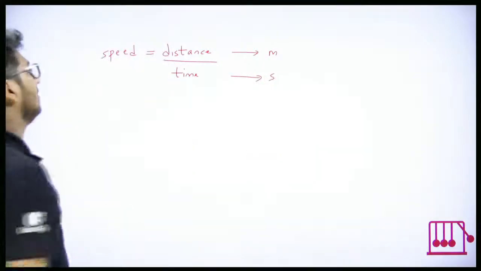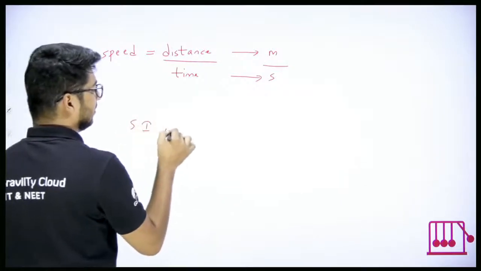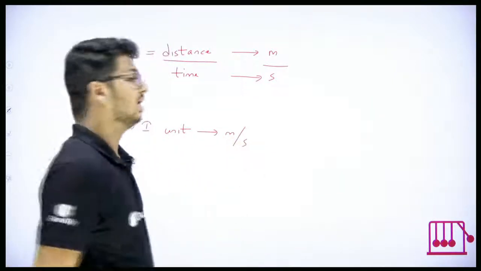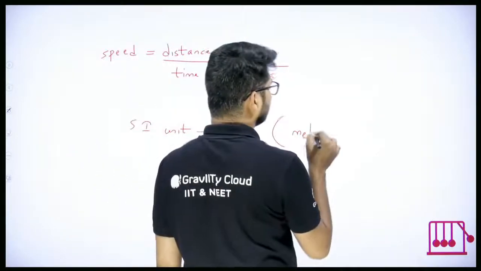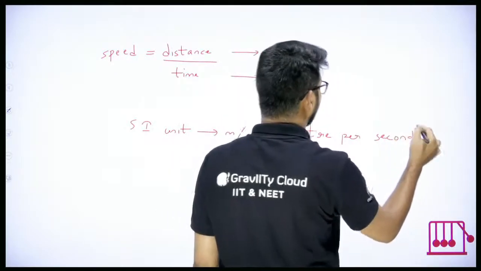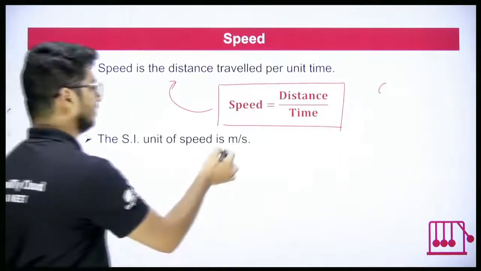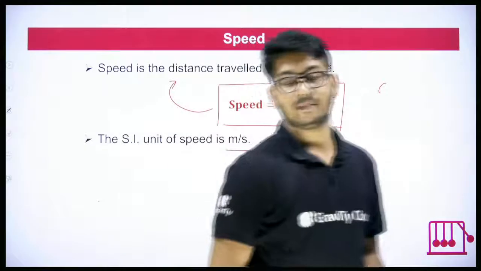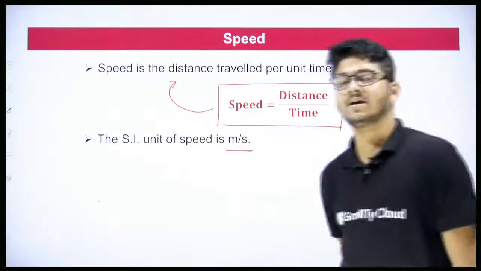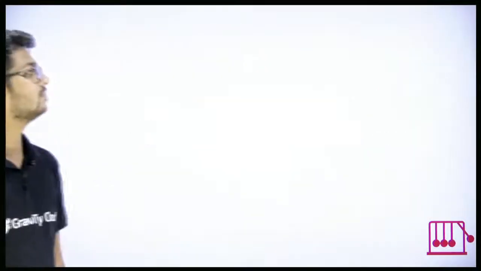So what is that going to be? It is meter per second. So the SI unit is meter divided by second. You spell it as meter per second. It is not kilometer per hour, it is meter per second. That is a standard unit. The SI unit of speed is what? Meter per second. Clear? Good.